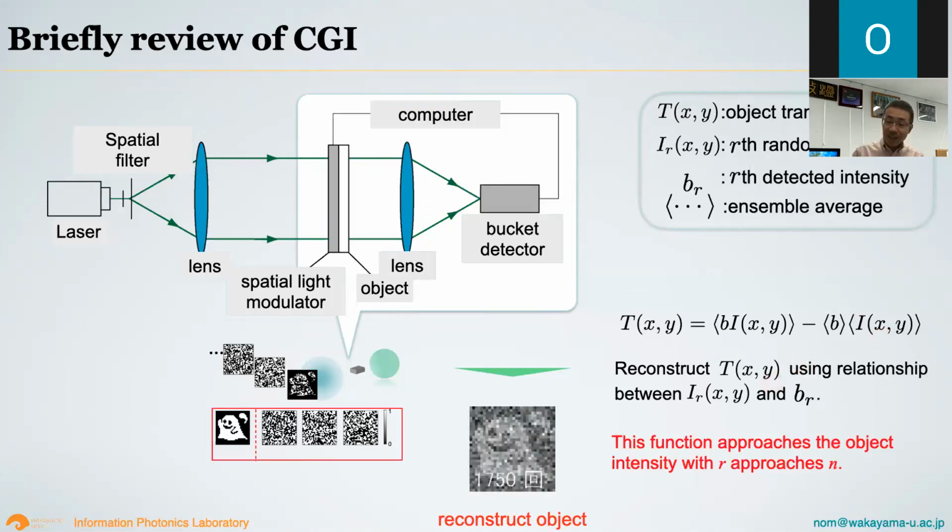Reconstruct T, the object transmittance, using the relationship between I_r and B_r. The function approaches the object intensity with lots of measurements. You can see some cartoon of a ghost like this.